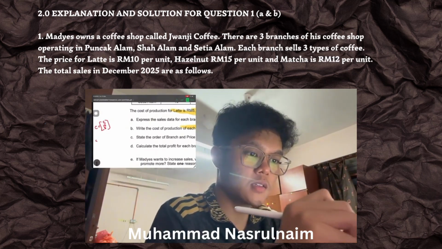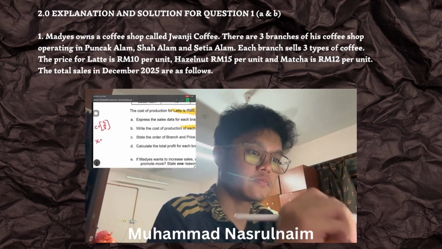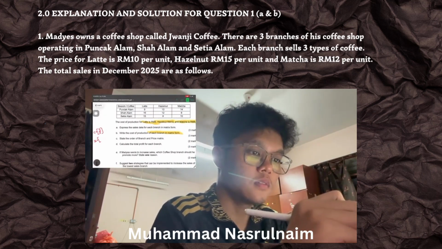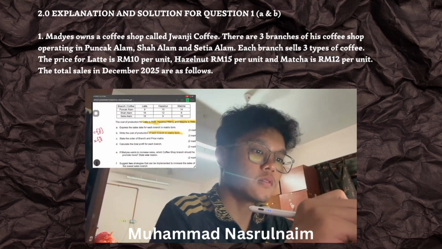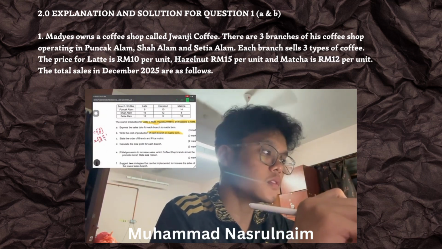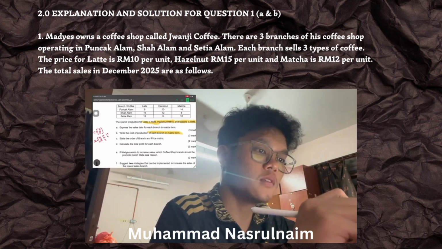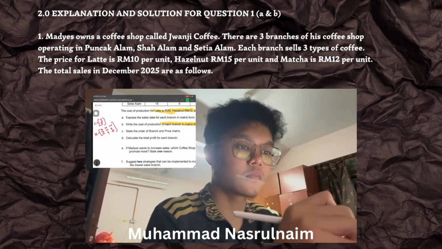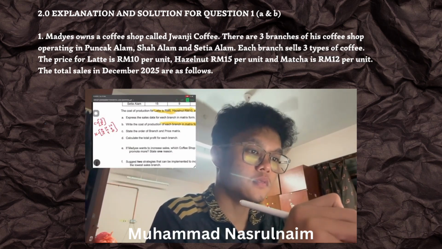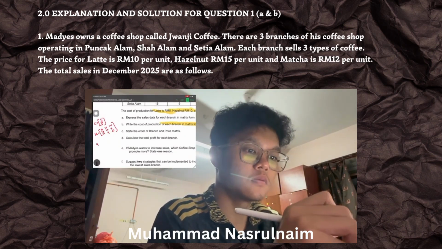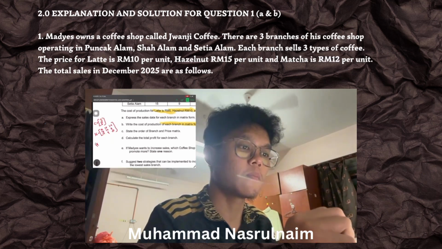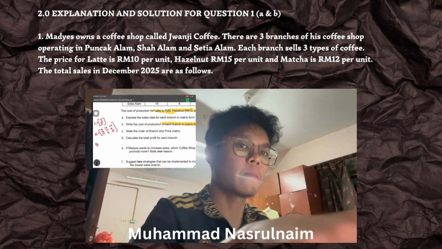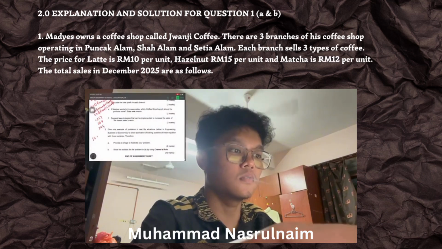So S times C equals 9, 16, 15, 10, 12, 9, 48, 10 and so on.